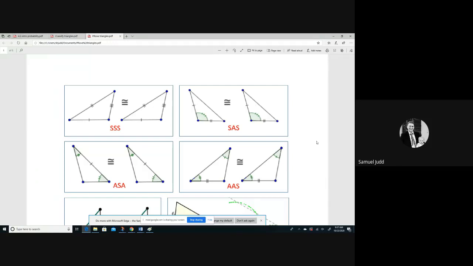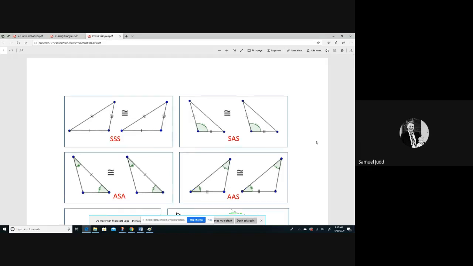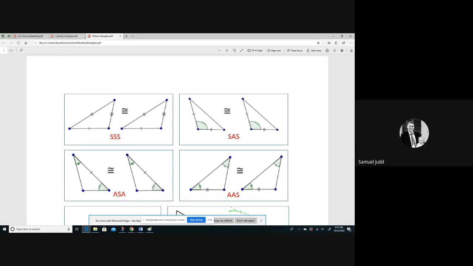All right, so let's talk about proving triangles congruent. When we say a triangle is congruent, let's say we have some triangle pair.